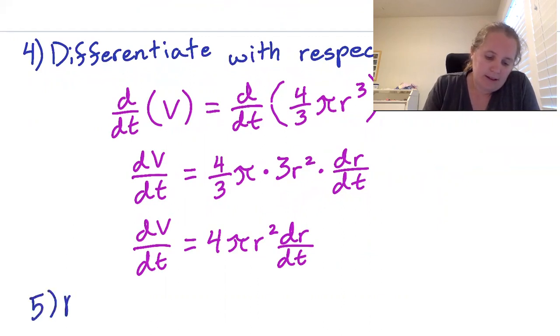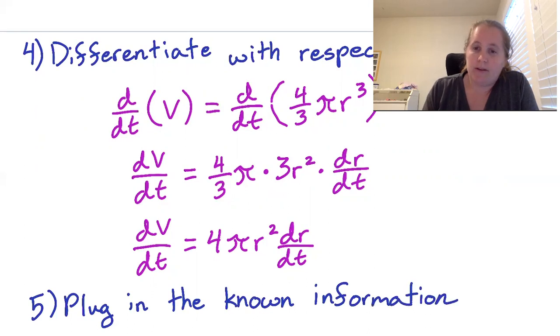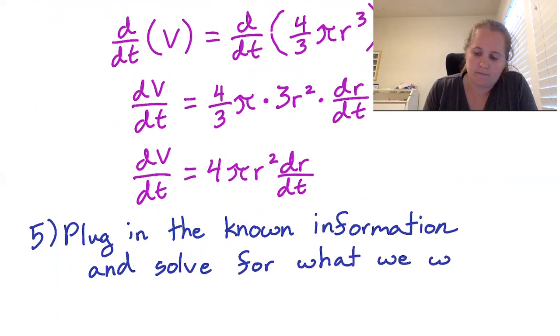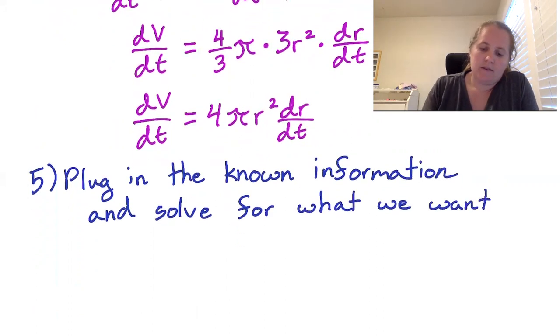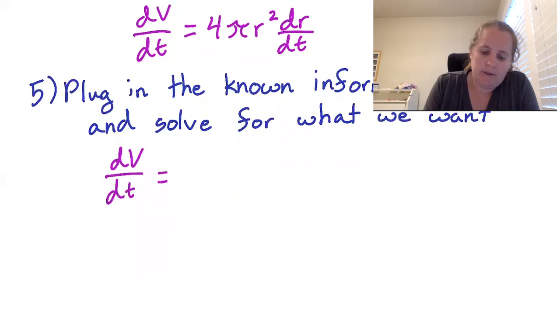So we're going to plug in the known information and solve for what we want. So we have the following relevant information. We have dV/dt is equal to 4 pi r squared dr/dt.